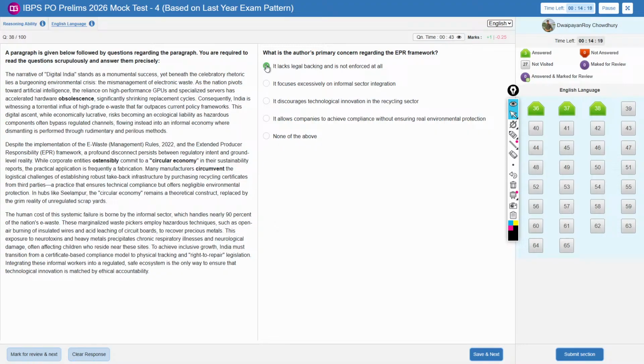I don't know. Primary concern: allows companies to achieve compliance without concern. It discourages technical innovation. I will just go with this: technical compliance, but negligible protection.